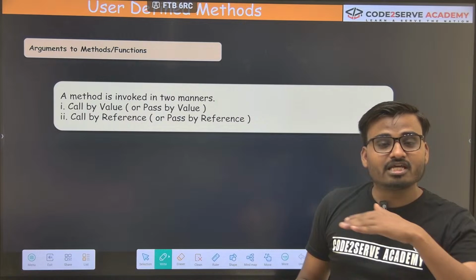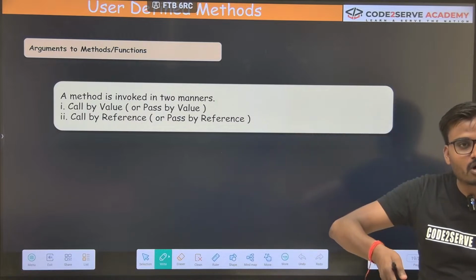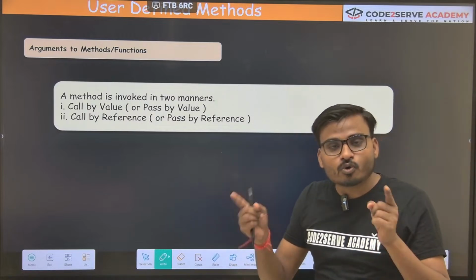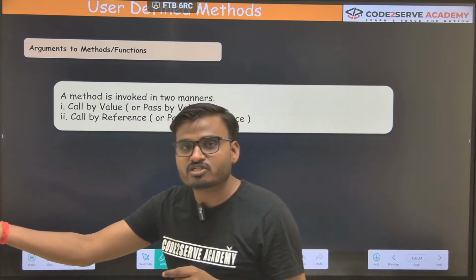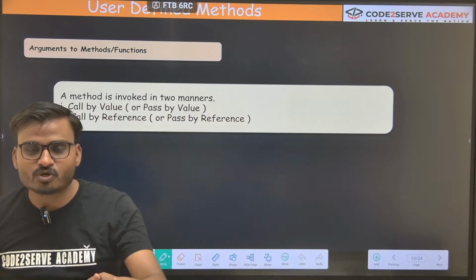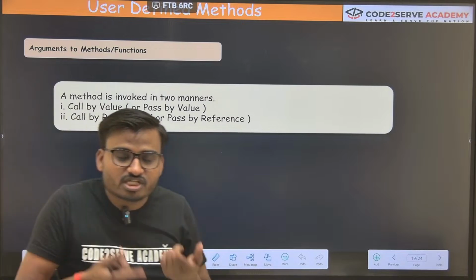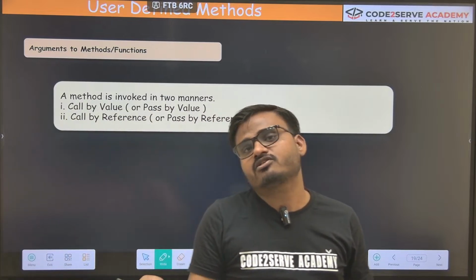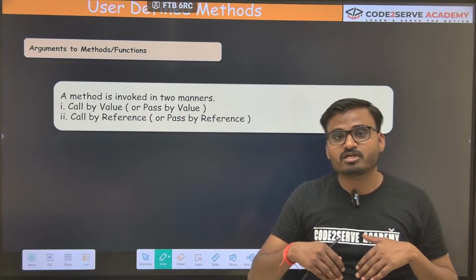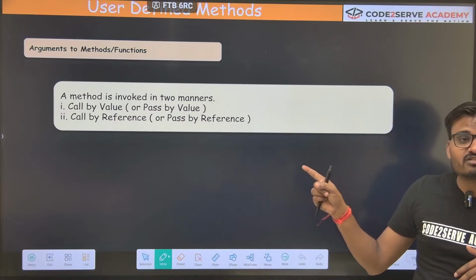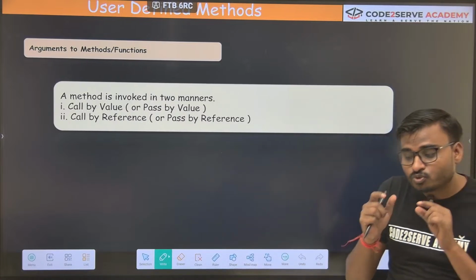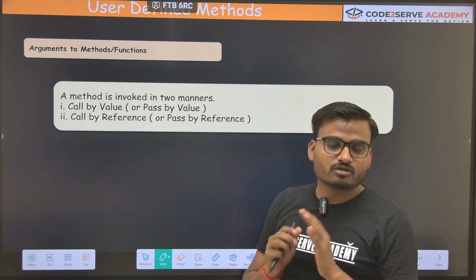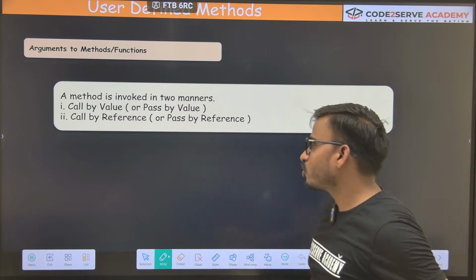That means he can access the actual original copy and you can also access the original copy. Whatever changes your friend is doing, you see in your copy, and whatever changes you are doing, he also sees in his copy. That means call by reference means the actual data is getting changed. Got my point? For example, I will show you an example.